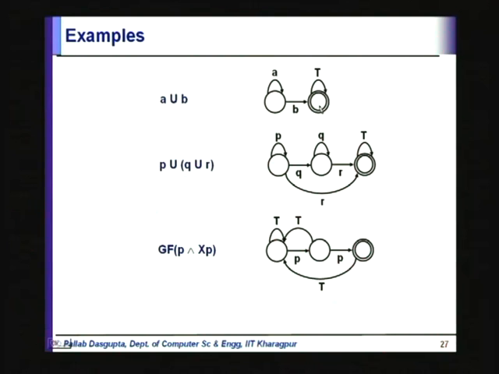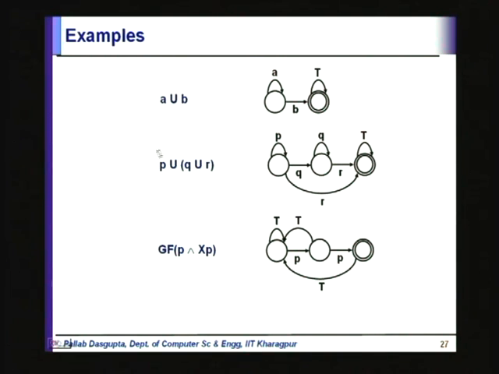If I define this as the accepting state, then after I get the B, I keep on staying in this state, so it satisfies the Büchi acceptance condition, because once I reach here, I cannot go anywhere else, and this is the accepting state.